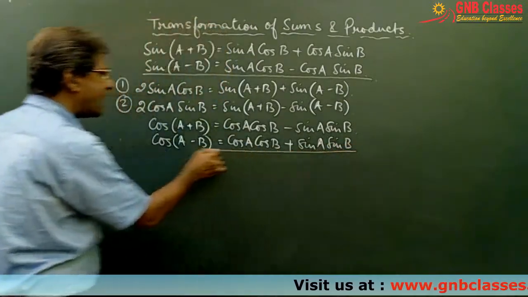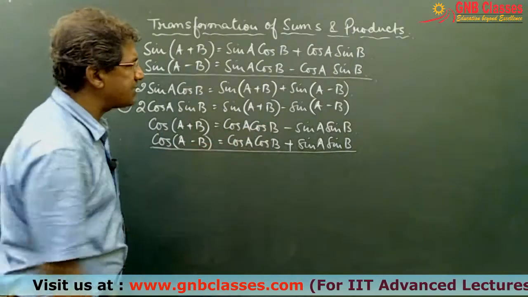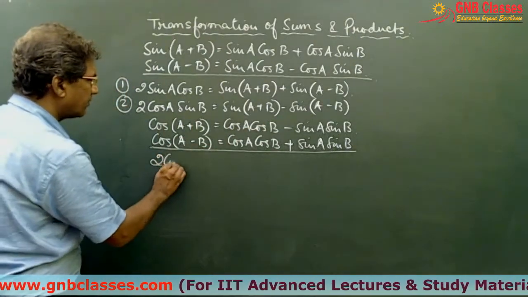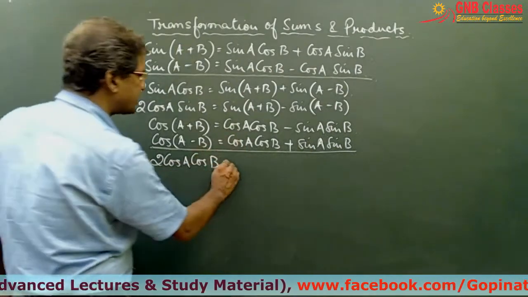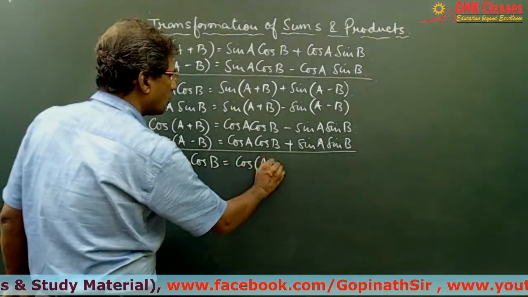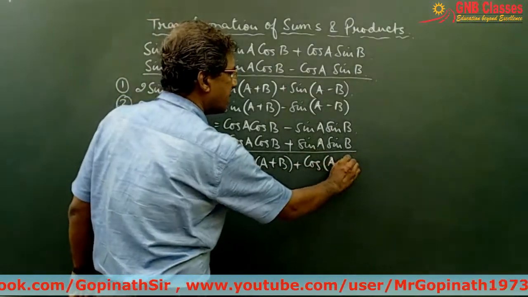Now if I add these two equations in their corresponding sides, in the right hand side we are going to get 2 cos A cos B, which is nothing but cos A plus B plus cos A minus B, right?